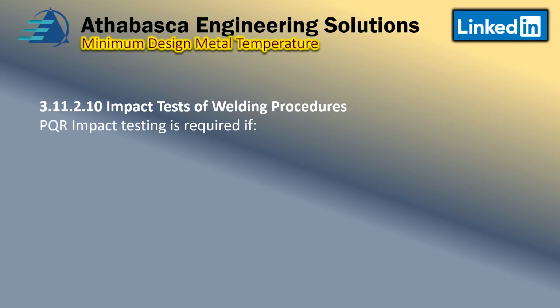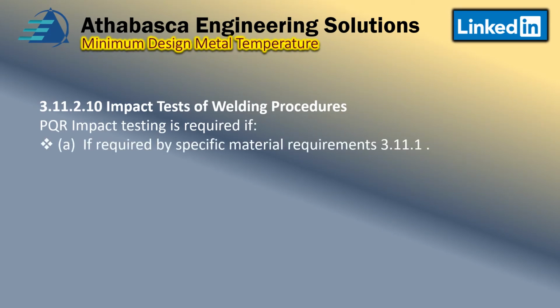PQR impact testing is required if the material meets the specific material requirements of 311.1, which is, for example, a low temperature forging, perhaps made to SA 350 and one of the classes.